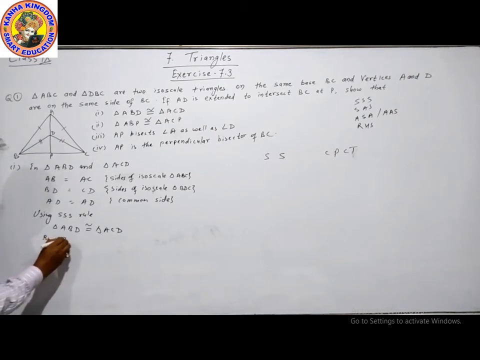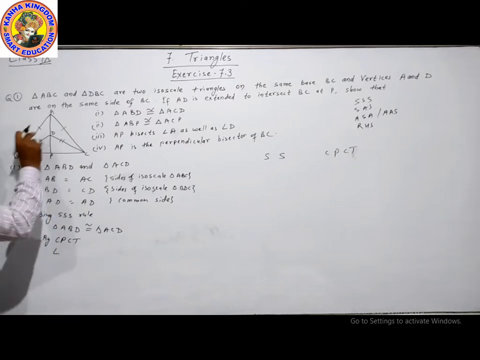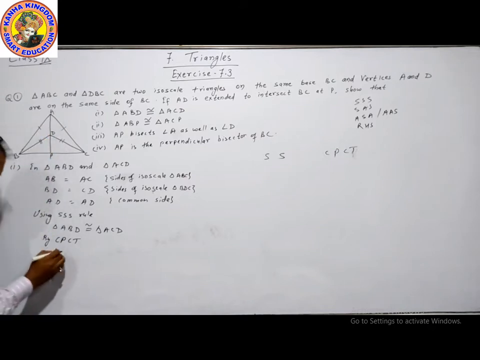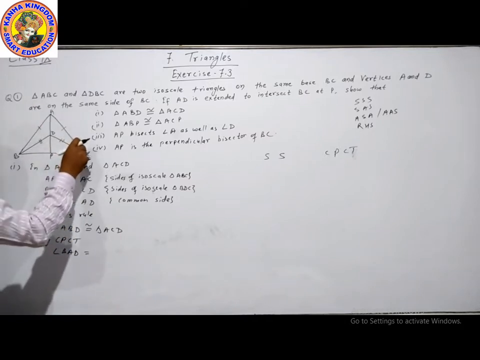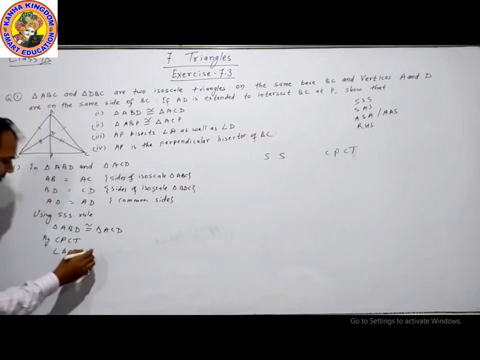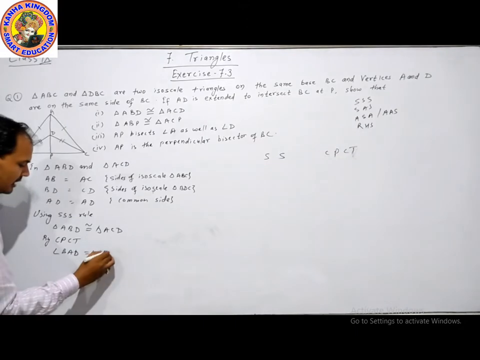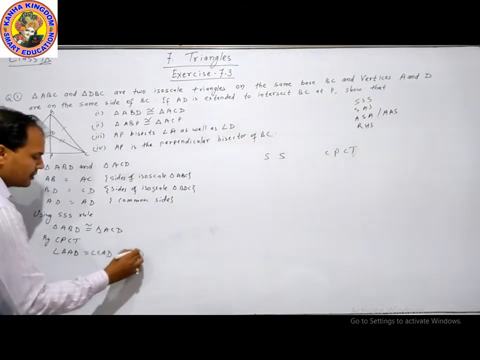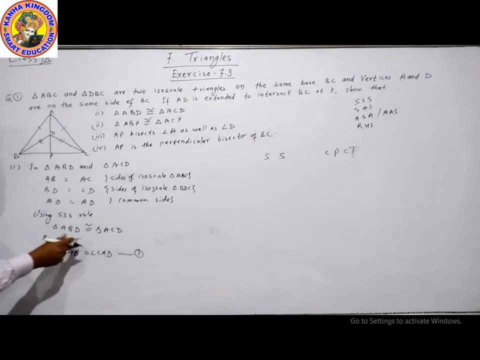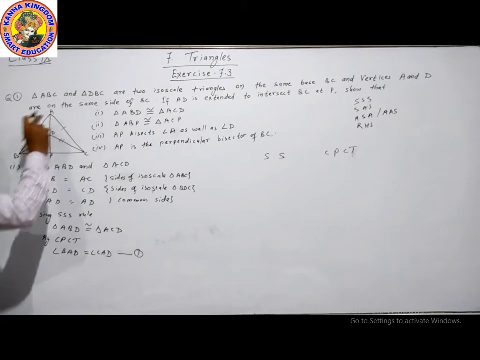By CPCT, angle A, in this case, angle BAD is equal to angle CAD. This is our equation number 1.